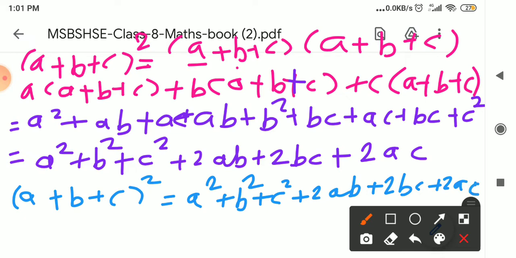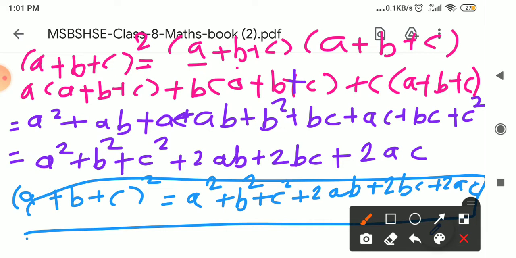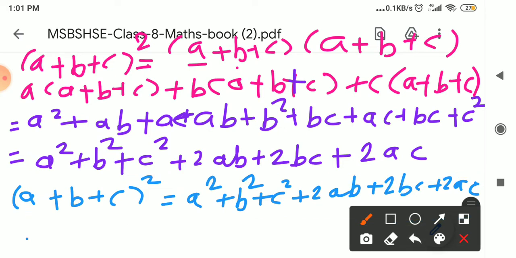This is the factorization of (A plus B plus C) bracket square. After this, now we will see how to apply this formula to solve the example.